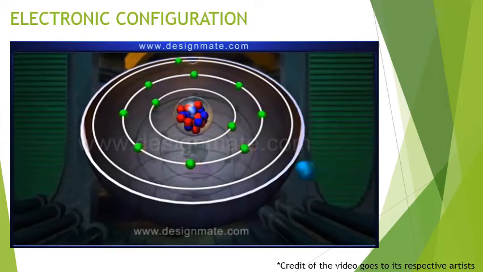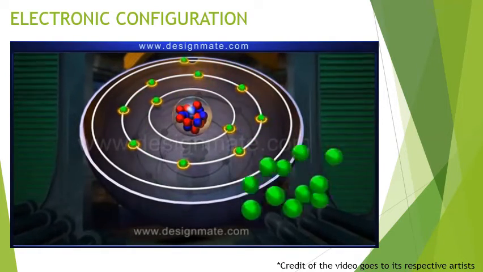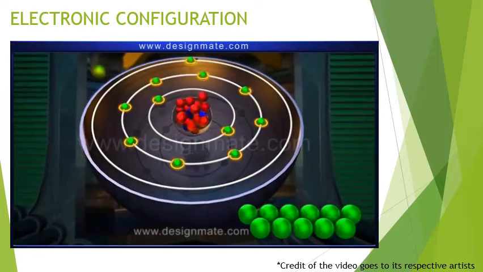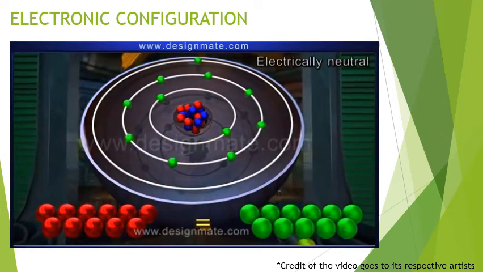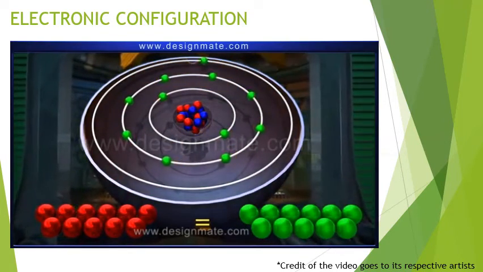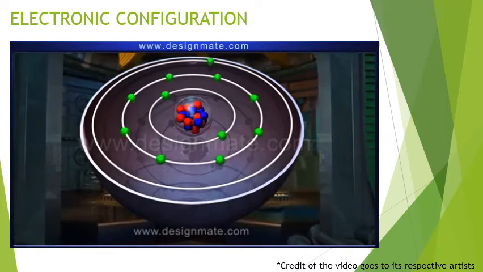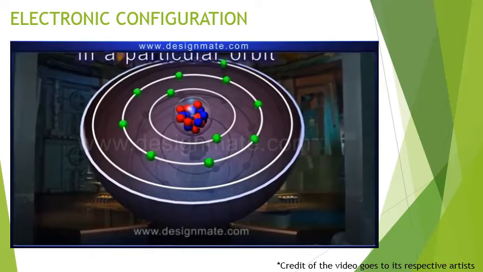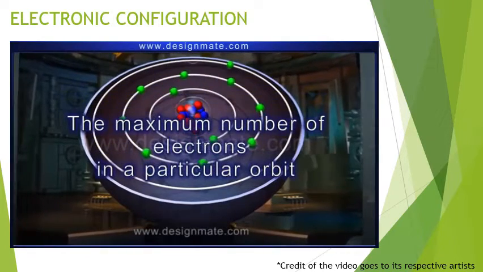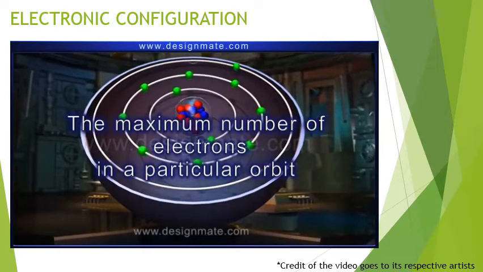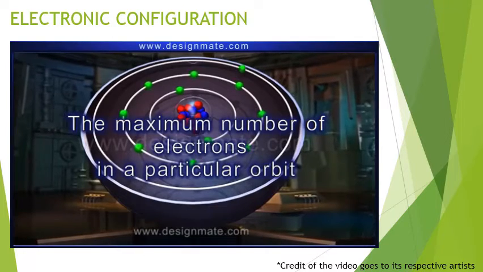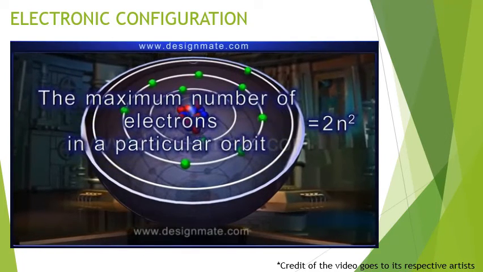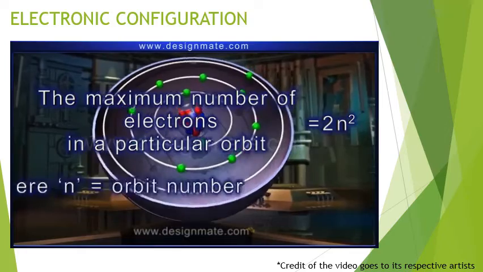Please note here that the number of electrons in an atom is always equal to the number of protons, which makes the atom electrically neutral. Every orbit has a certain capacity to accommodate electrons. According to the Bohr-Bury rules, the maximum number of electrons that can be accommodated in a particular orbit is determined by the formula 2n squared, where n denotes the orbit number.